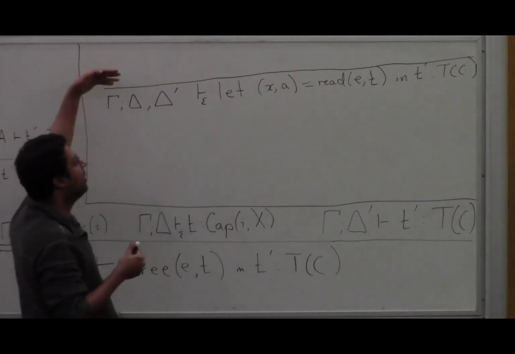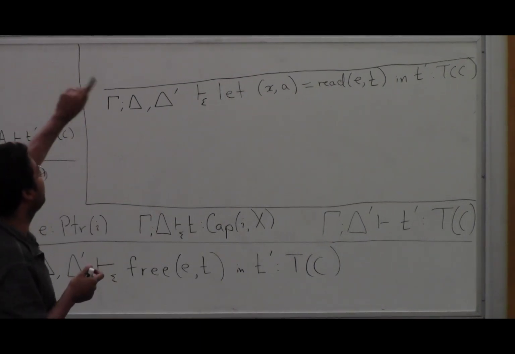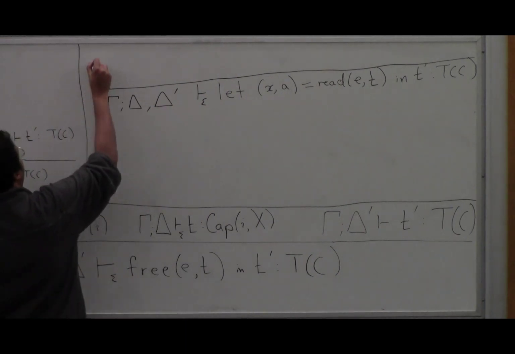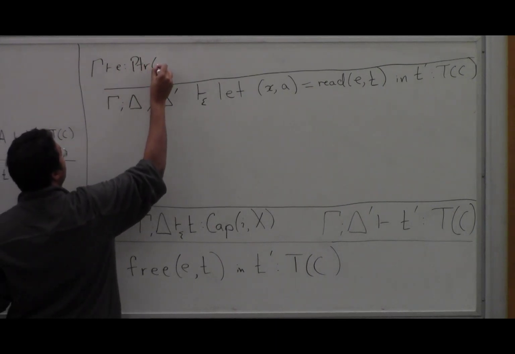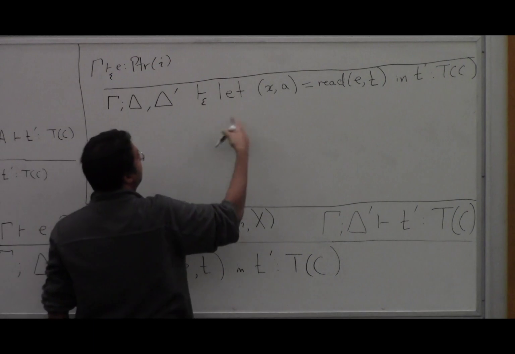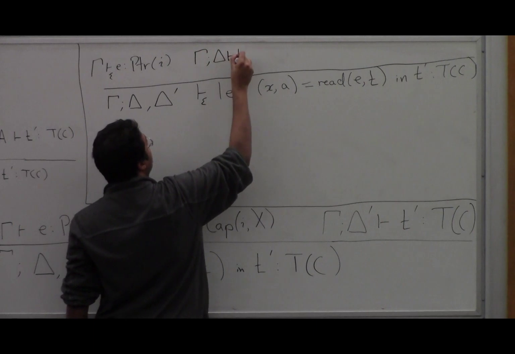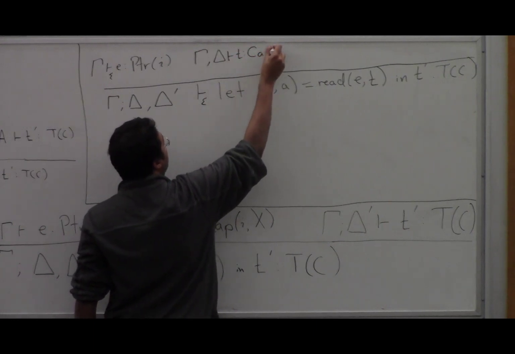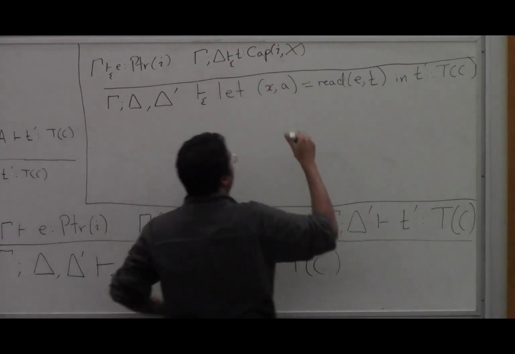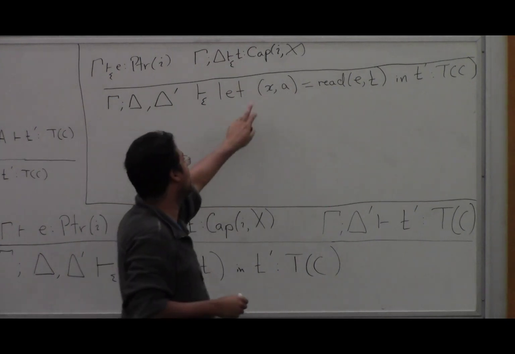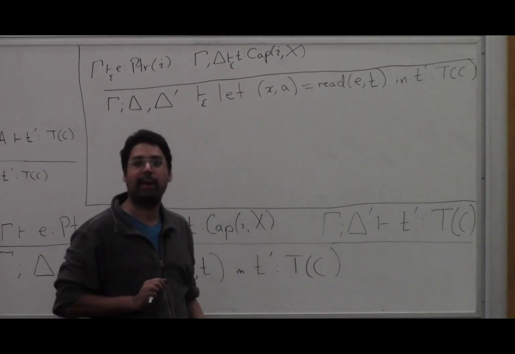Okay, and so when we're dereferencing a pointer, we can see up there that we need the pointer and we need a capability. So we want E to be a pointer, and we want T to be a capability. Once we do the dereference, we'll get access to that value of type X, and we'll get the capability back.